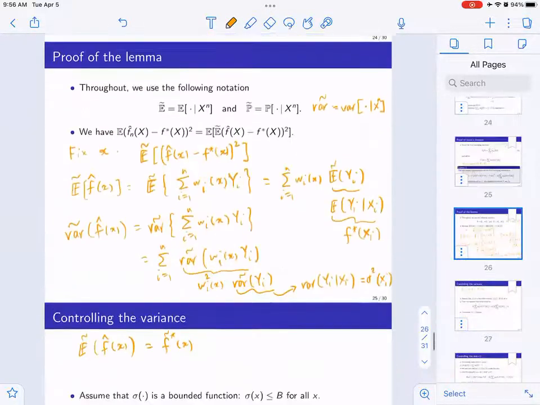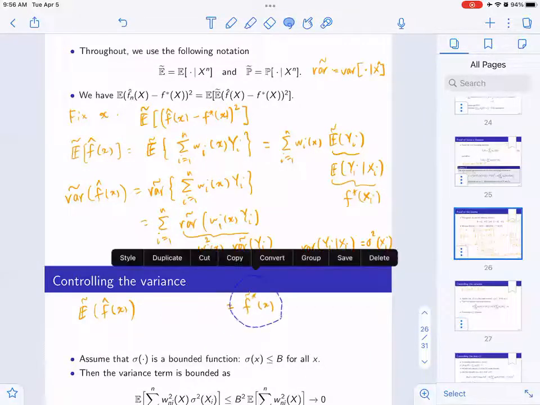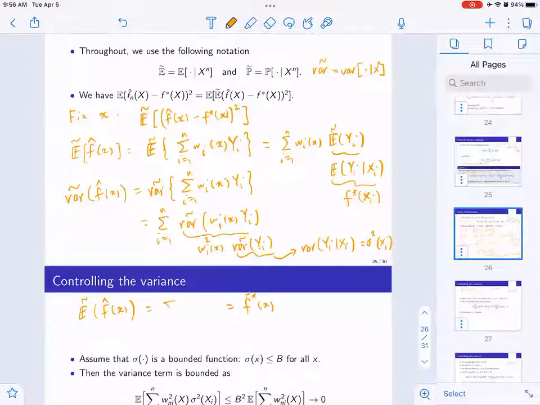So the conditional expectation of f hat x is this sum times that. So that's by definition. Let me maybe write it here. That's the way that we define things. So summation i from 1 to n, w_i(x) f star(x_i). Right?